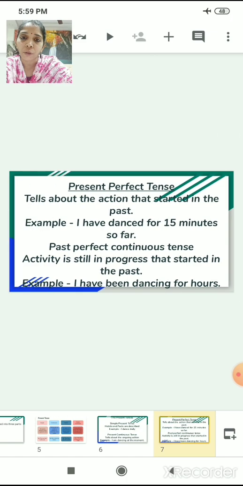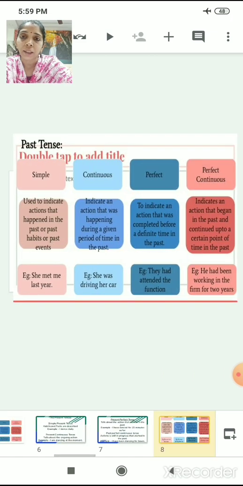Now, moving ahead, the second type of tense, past tense. Simple past tense is used to indicate actions that happened in the past or past habits or past events. So any action that happened in the past or any past event or past habits are indicated by this tense.